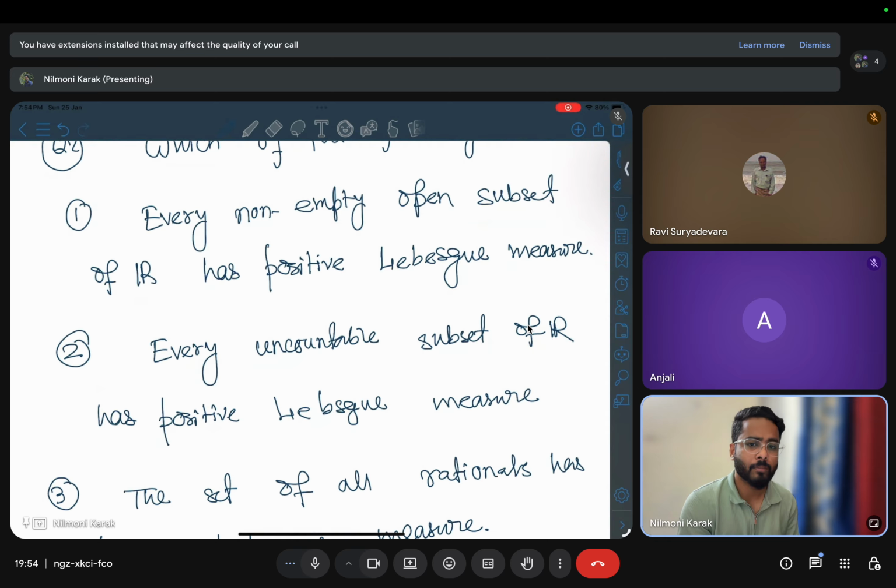If you want, you can check all the definitions and the required theorems. So you don't know anything about Lebesgue measure?